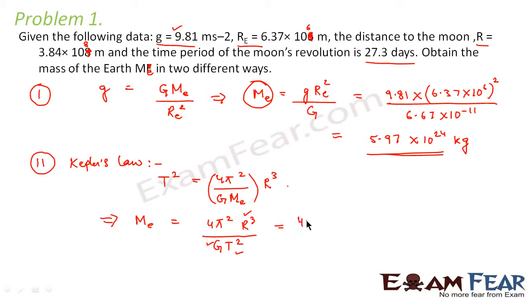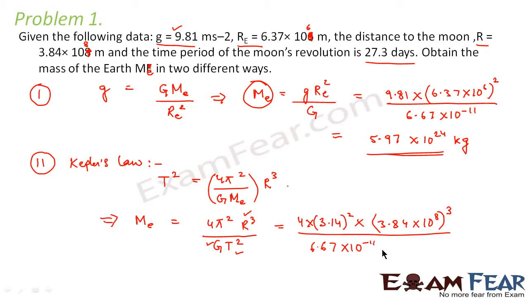That is 4 into pi, which is 3.14, into r, which is 3.84 into 10 to the power 8 whole cube, divided by G, which is 6.67 into 10 to the power minus 11, into T square.